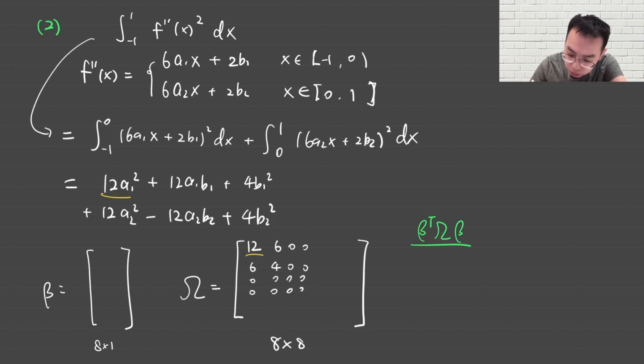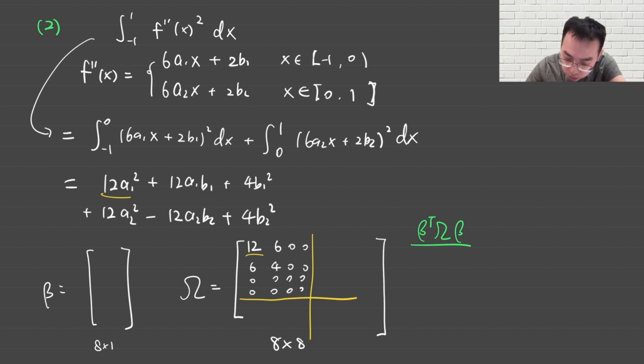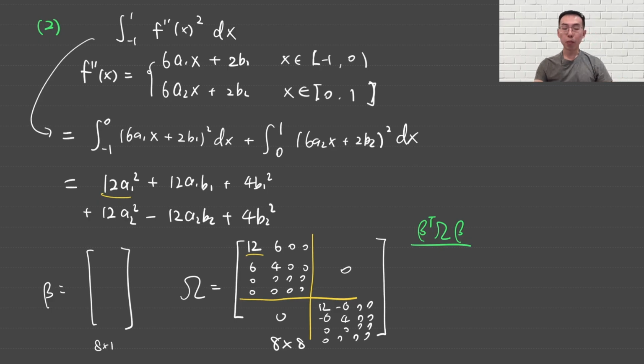You can see it as a block matrix of four by four matrices, right? So this is going to be 12 and then -6, -6, and then a 4. All the other things are 0. So that's going to be our omega matrix.